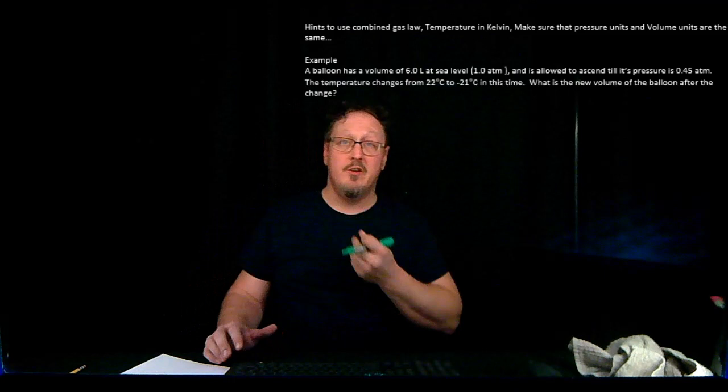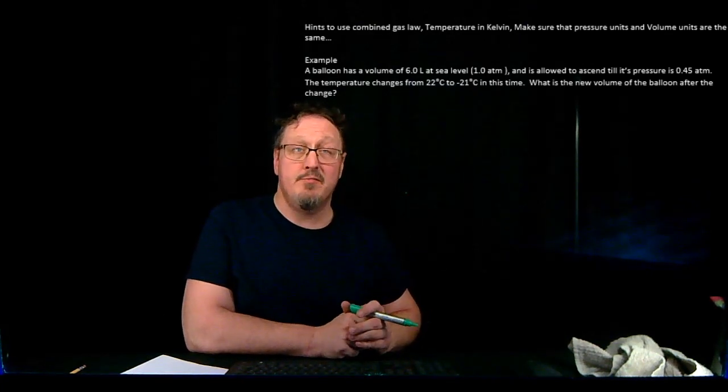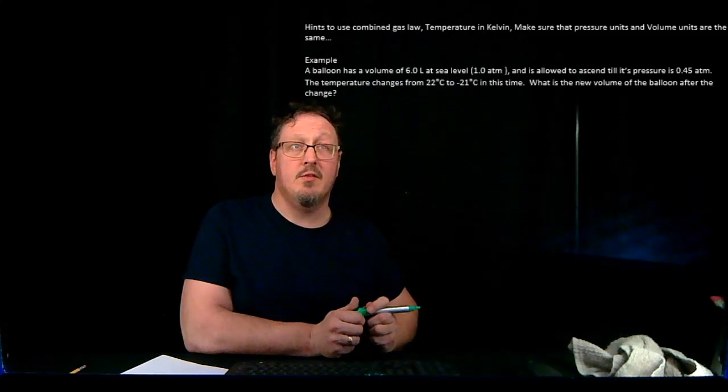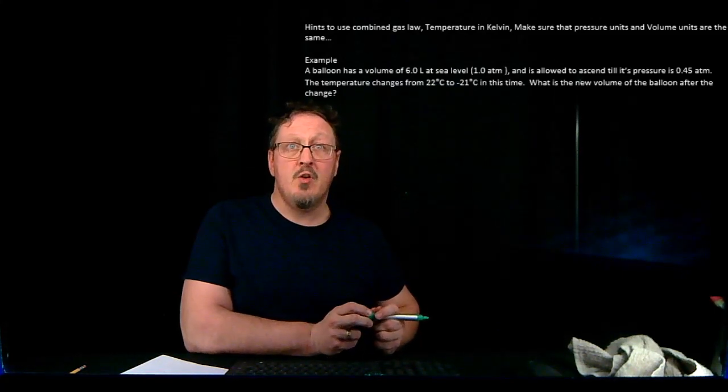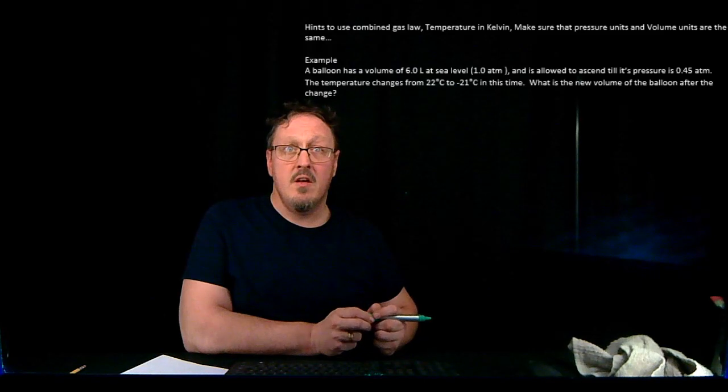So here we are. We're going to use an example of combined gas law, and then we can give this video a rest. A balloon has a volume of 6 liters at sea level, which is 1 atmosphere of pressure, and it is allowed to ascend until its pressure is 0.45 atmospheres. The temperature changes from 22 degrees Celsius to negative 21 degrees Celsius in this time.